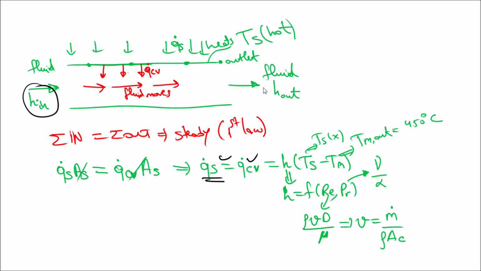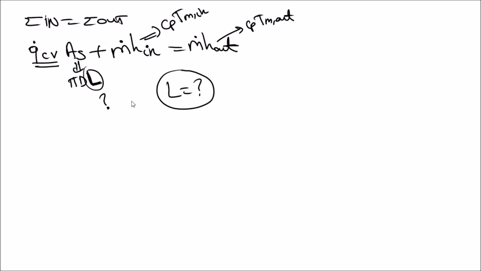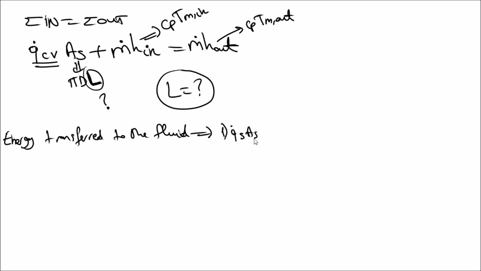If I multiply the enthalpy out minus enthalpy in with the m dot, I will get the energy transferred to the fluid. All of the equations will give you the same result.